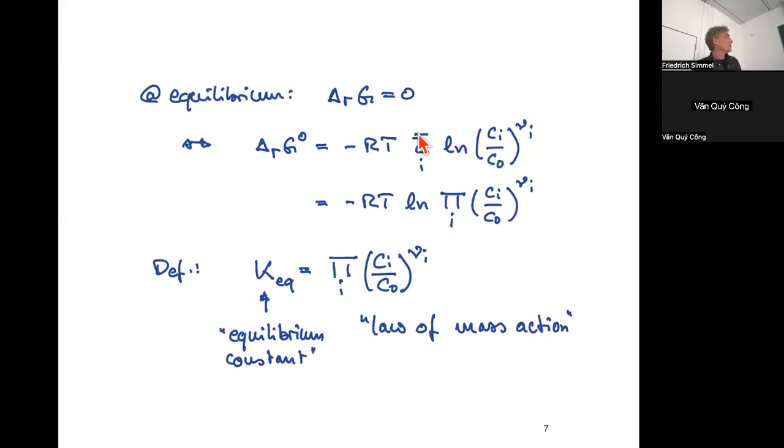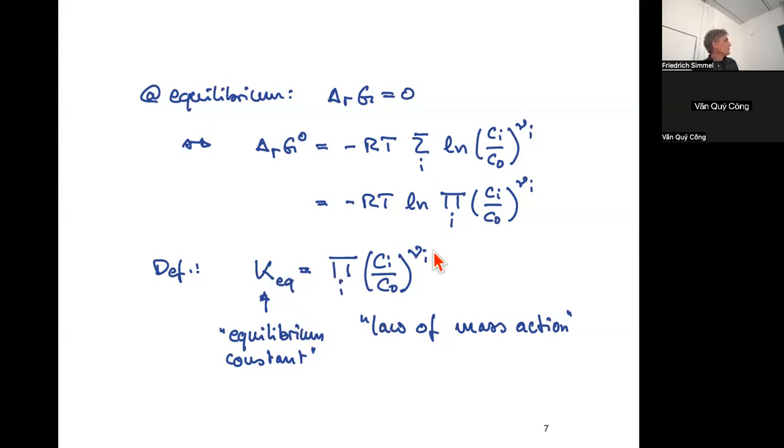You can convert that into a logarithm of a product, and now this product actually is something that we call the equilibrium constant of the reaction, and the definition of the signs for these stoichiometric coefficients now actually takes care of which of the concentrations are in the numerator and which are in the denominator. So this is consistent with how you conventionally write your equilibrium constant.